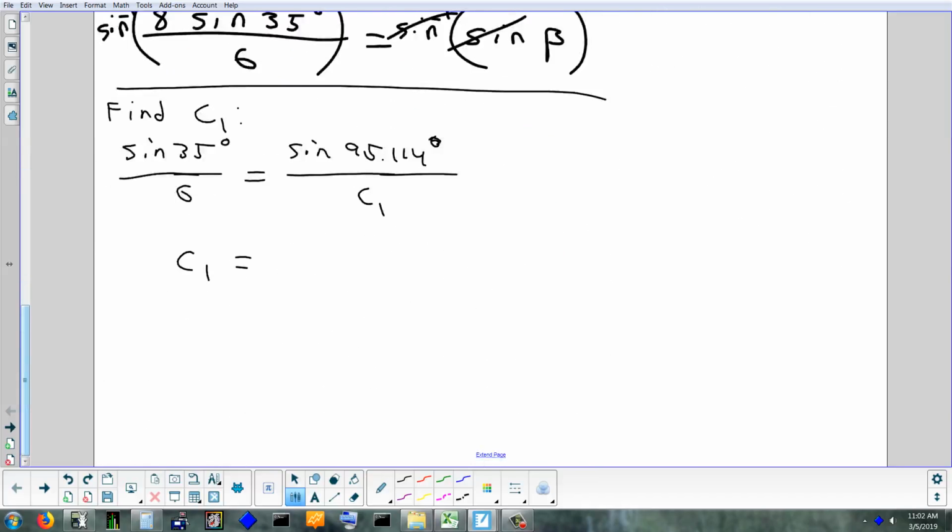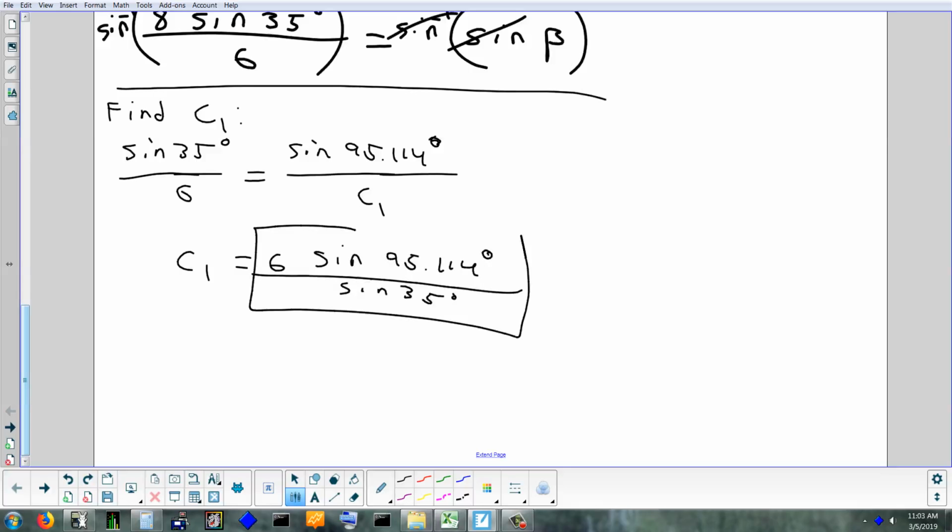So cross multiply, and you're going to get 6 sine 95.114 divided by sine 35. That's your answer for C1. Okay, I'm going to set up C2, and while I'm setting up C2, if someone can just type that in and let me know in a minute what that comes out to.